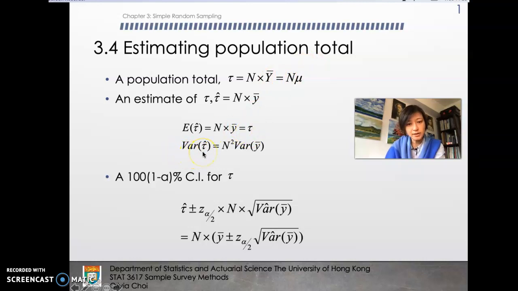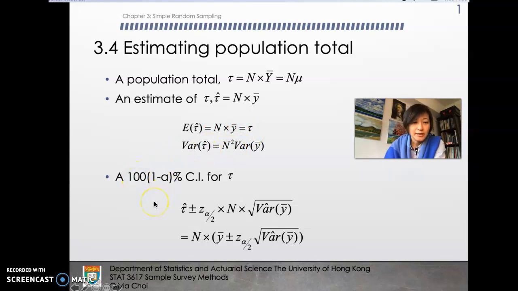The variance of tau hat equals the variance of N y bar. N is a constant, so that becomes N squared multiplied by the variance of y bar. So that means if we have already estimated the average from the sample, we can simply multiply by N to find the total, or by N squared to find the variance of the total.